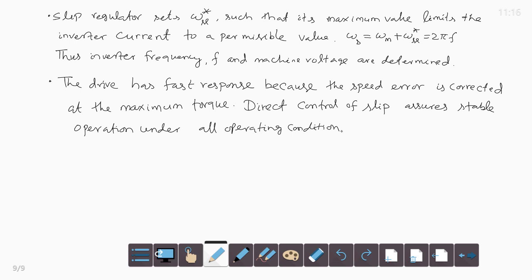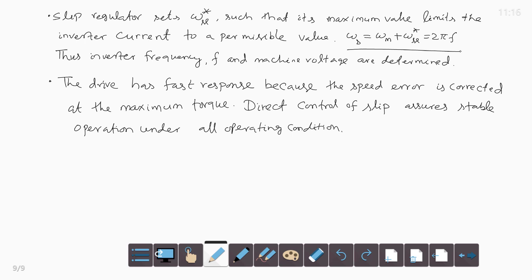So, the slip regulator sets the omega SL star reference value of the slip speed such that its maximum value limits the inverter current to a permissible value. Inverter current is limited by omega SL star, and in this relation, omega s is omega m plus omega SL star. From this inverter frequency f is determined and machine voltage V star is also determined according to V by F control strategy.